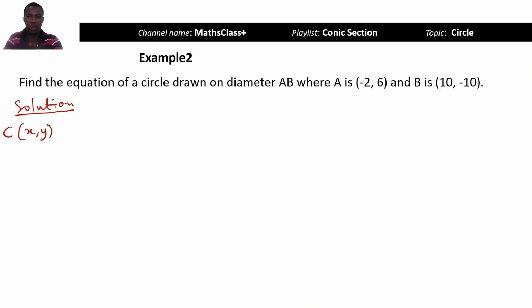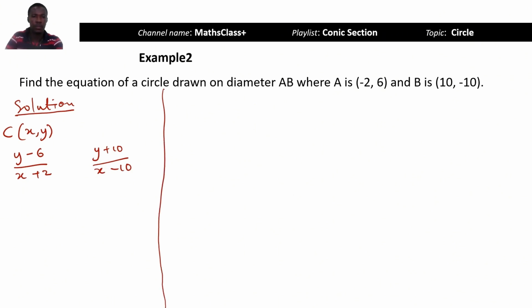So the gradient of AC will be (y minus 6) divided by (x plus 2). And the gradient of BC will be (y plus 10) divided by (x minus 10). Now if I multiply the two, I should get negative 1.